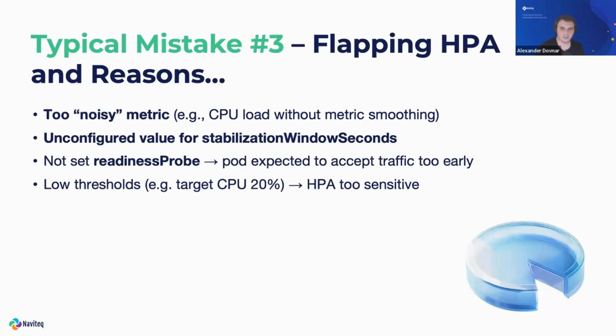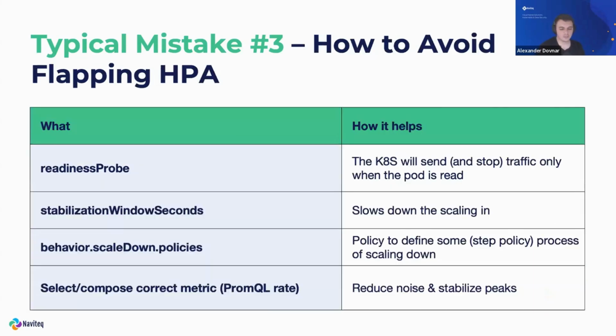In reality, it should be something concrete which represents the state of your application and all its dependencies. So please make sure that your application has readiness probes. It's really important. If you're using HPA, configure stabilization windows and use rate ratio metrics from Prometheus to make them smooth, and everything will be great.